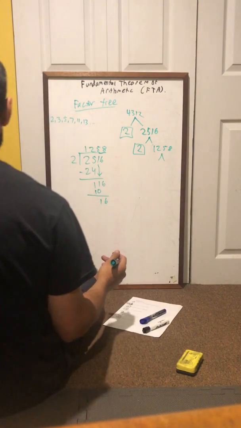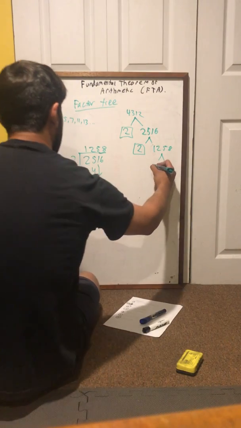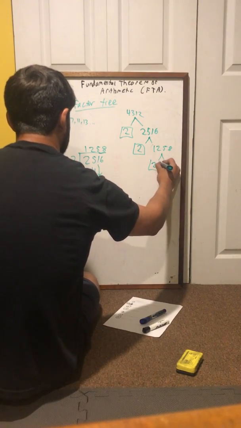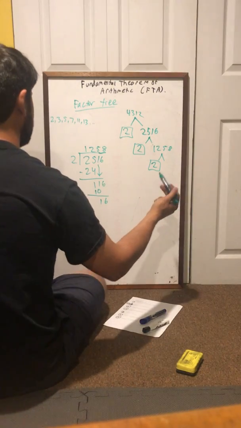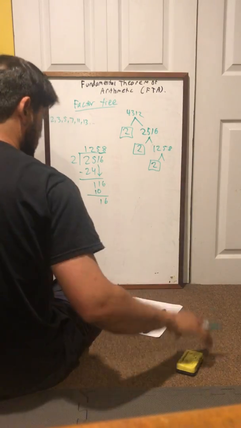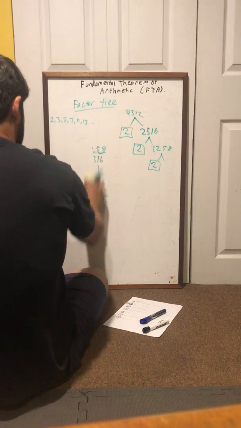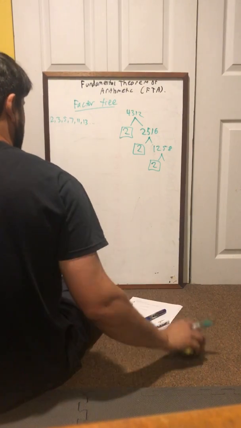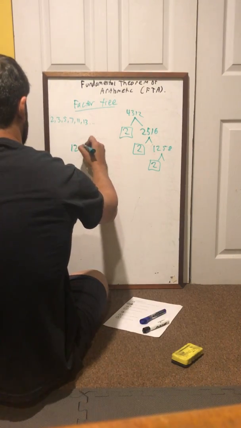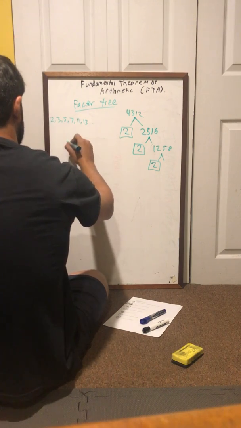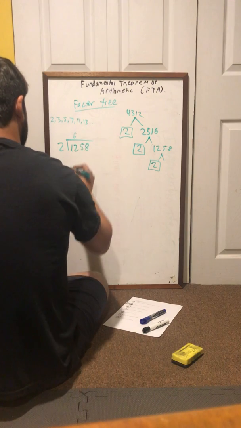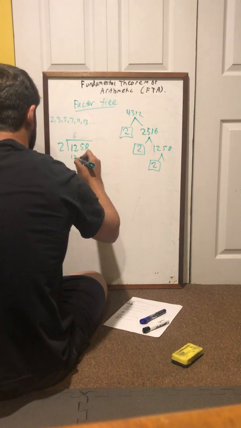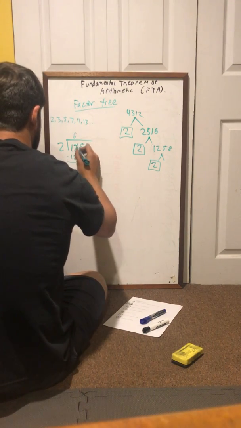Again, this is an even number, so we're going to divide 1,258 by 2 again. We're going to get 6. 12 cancels out.